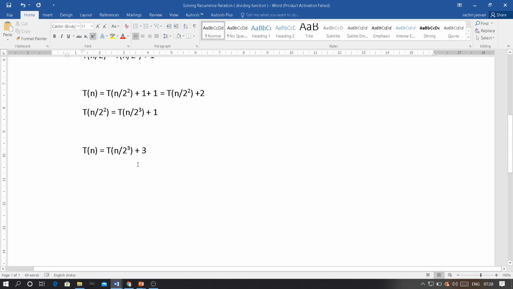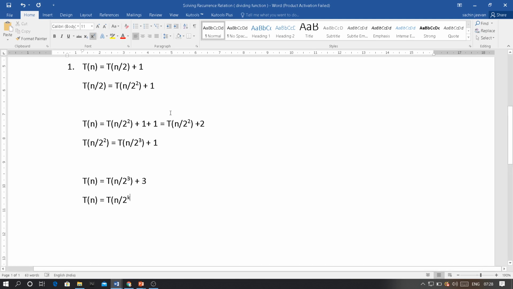We will be generalizing this as T of n is equal to T of n divided by 2 power k. We can see here, initially this is n divided by 2 power 1, then n divided by 2 power 2, and now n divided by 2 power 3. So this power is generally taken as k.